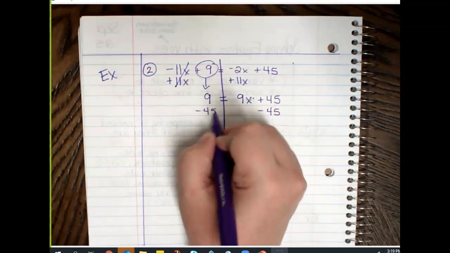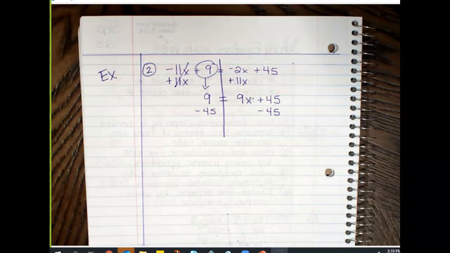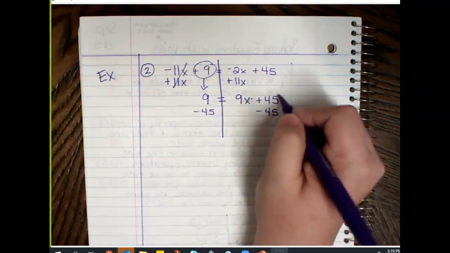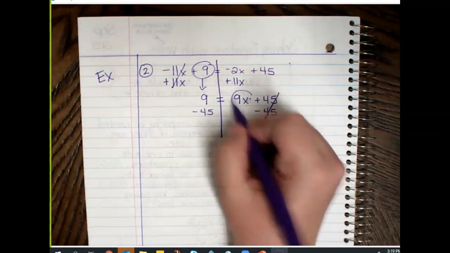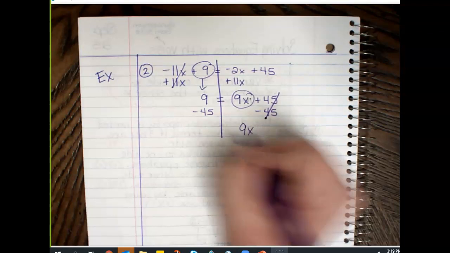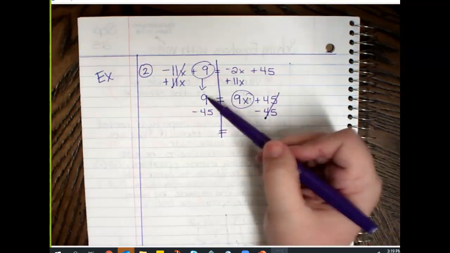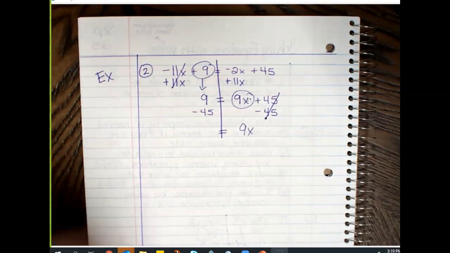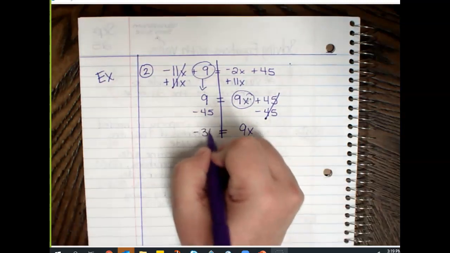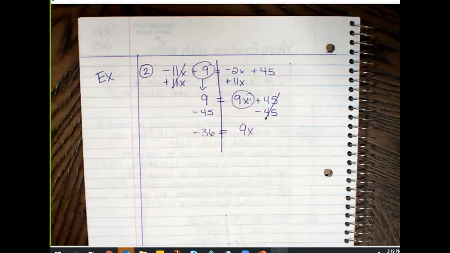I know it would look nice and pretty if we got rid of that 9, that whole side is clean, but then I don't have variables on one side, numbers on the other. So 45 and negative 45 cancel. I'm left with 9x is equal to 9 minus 45. Got it. Negative 36.